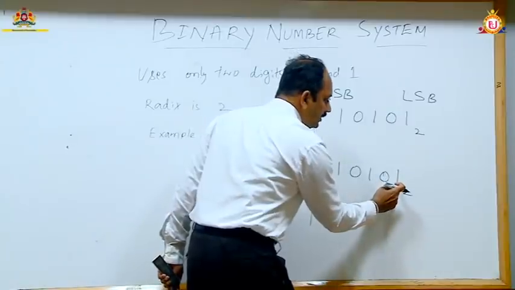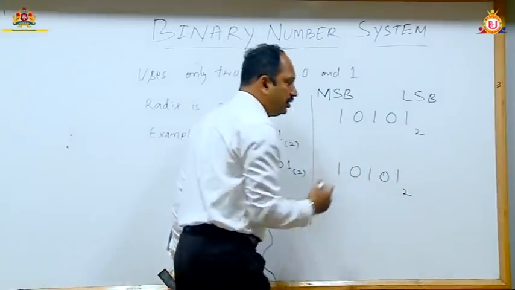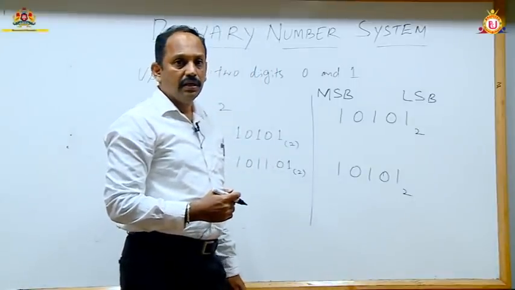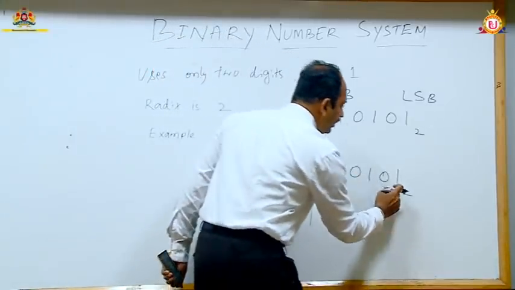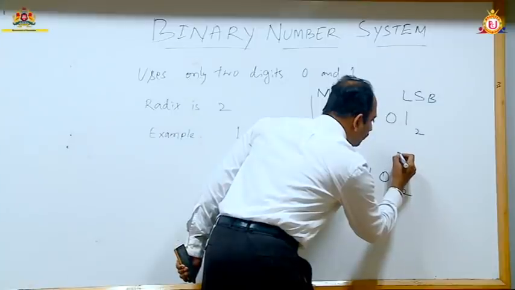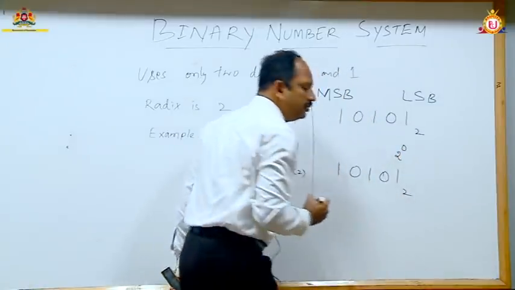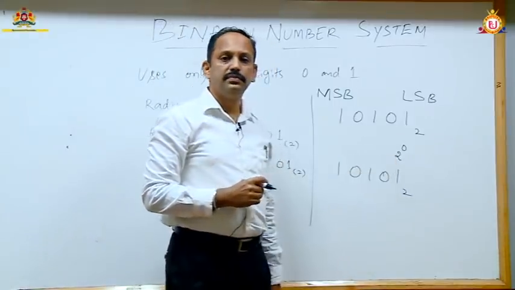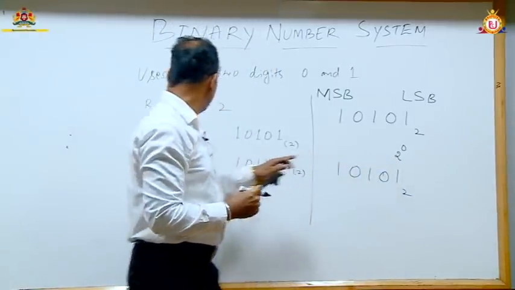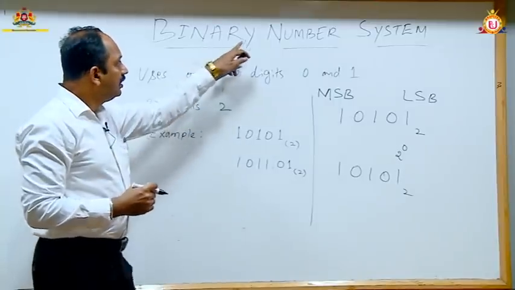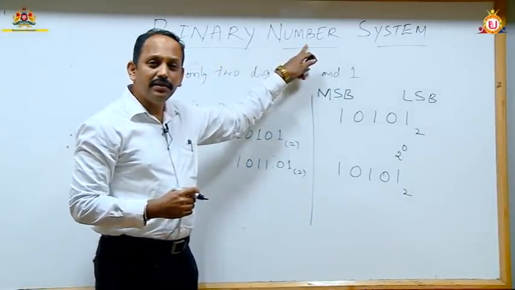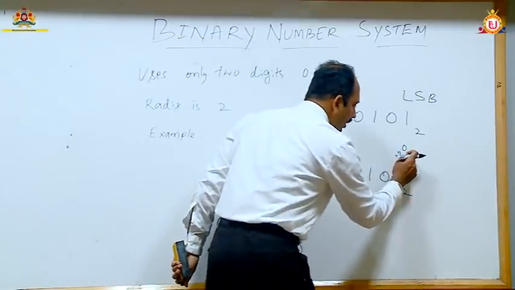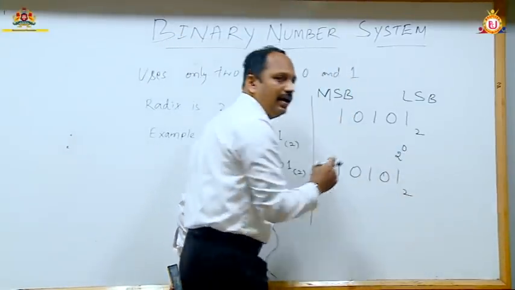Now, let me start from the rightmost digit, that is the least significant bit. The least significant bit is located at the position of 2 to the power of 0. What is 2 here? The 2 is the radix of the binary number system. And 0 represents its positional value.